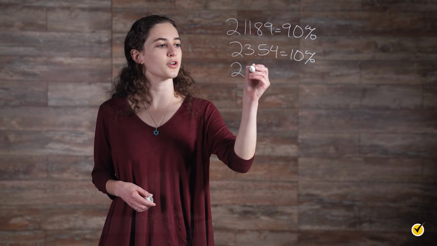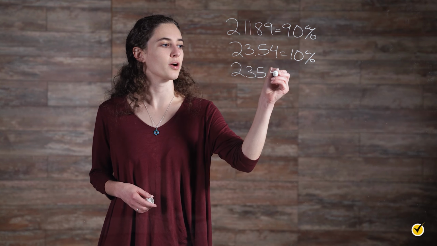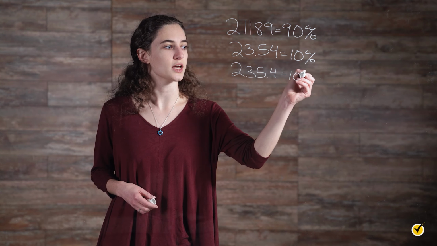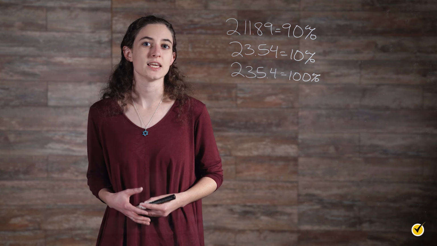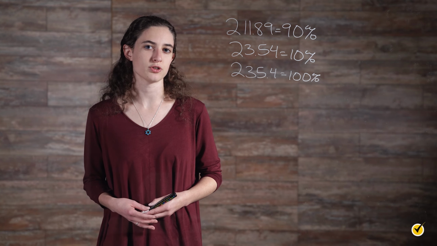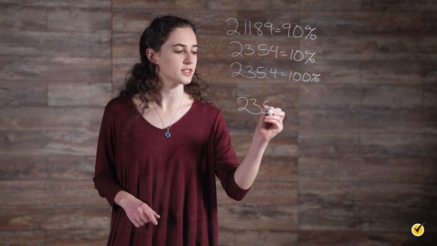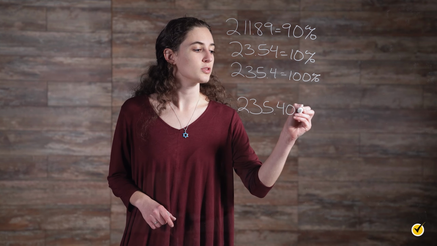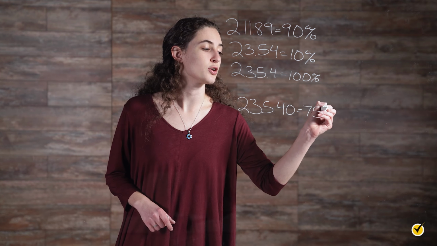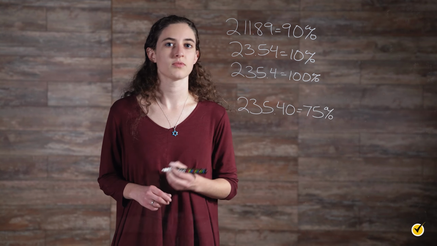From here, you would multiply both sides by 10 and get 235.4 equals 100%. So 100% of the sale price equals 75% of the original price. So we have $235.40 is equal to 75% of the original price.